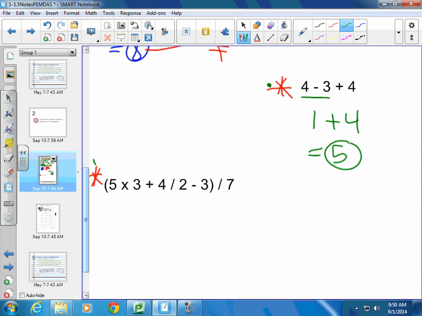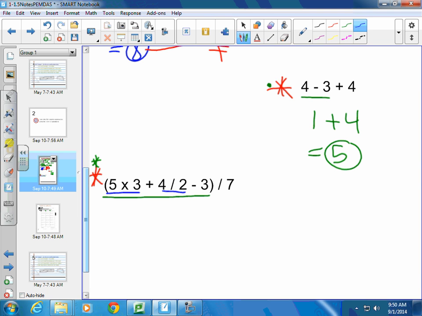Okay? For this one, we have a big old portion inside our parentheses, which is our first step. So if you have more than one operation inside your parentheses, you still go in the same order. It's just that right away we're looking at everything in the parentheses. So inside my parentheses, I see that I have multiplication and I have division.